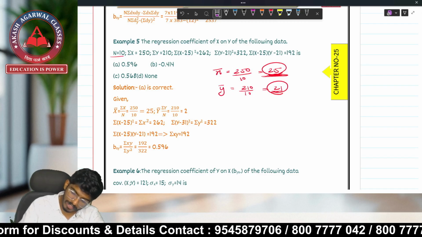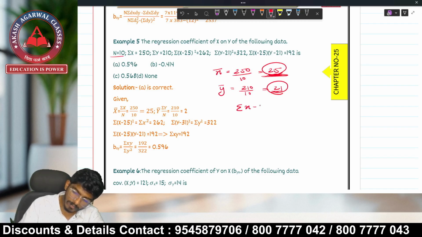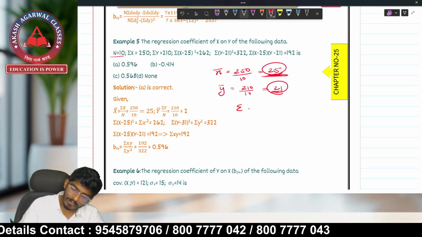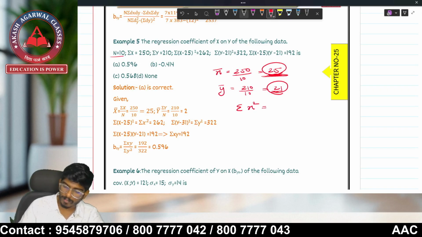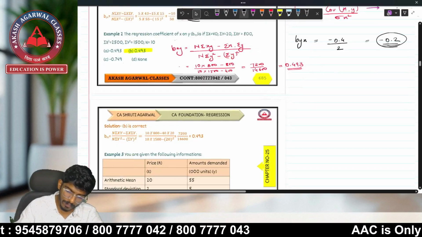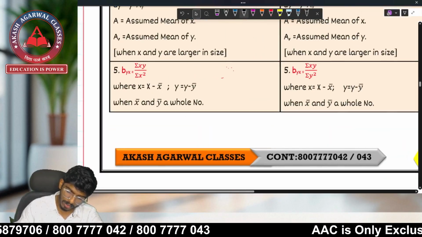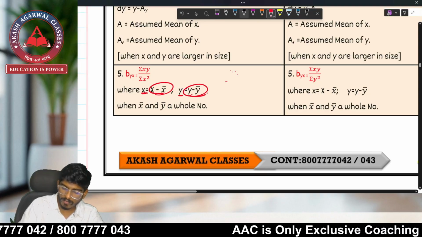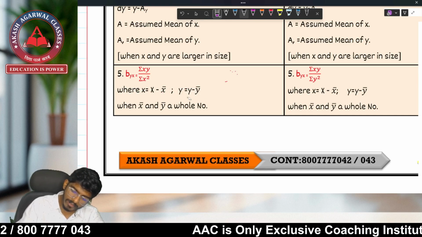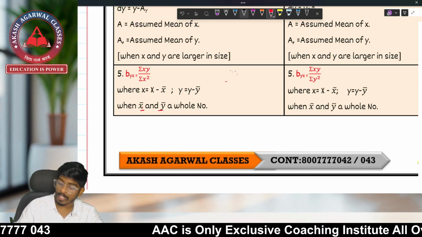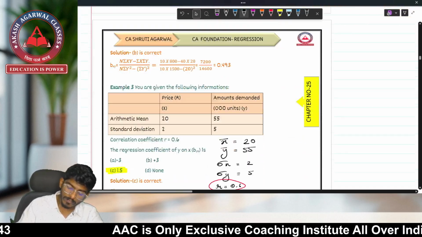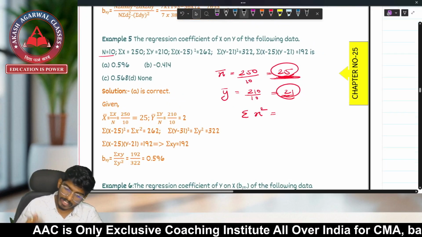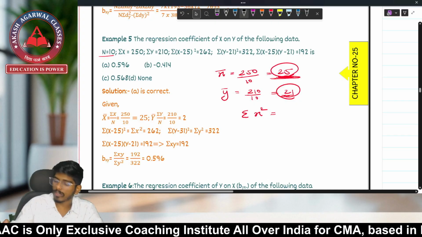So what I can do is write summation of x minus x bar, that we can write as summation of x square, because in this formula they have told us that x is going to be x minus x bar and y is going to be y minus y bar, where x bar and y bar are going to be whole numbers. We have calculated x bar and y bar, they are whole numbers, so we can say that x minus x bar is going to be x.